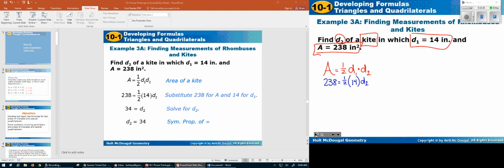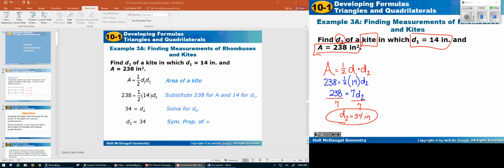There's no plus or minus, so you're not distributing the 1/2. It's just 1/2 of 14 is 7, multiplied by d2. The only time you distribute is when you have a plus or a minus sign. Then we divide by 7, and d sub 2 is 34 inches, not squared, because we're just finding the length of the diagonal, not area.